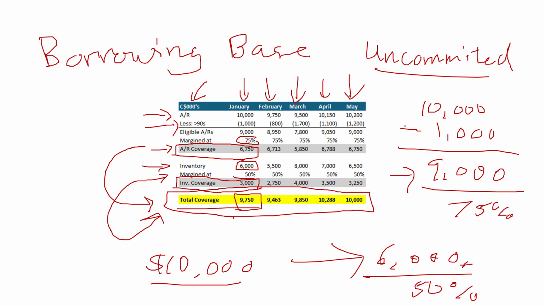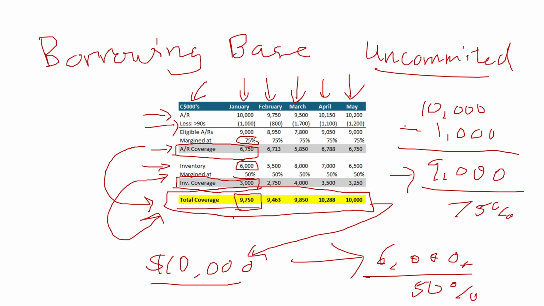Is that enough? Well, yeah, it does. It's kind of close to 10 million, right? It's not always exactly 10 million, but it's close. So if we give them a $10 million line of credit, we know we're comfortable that they have enough borrowing base to support the 10 million.